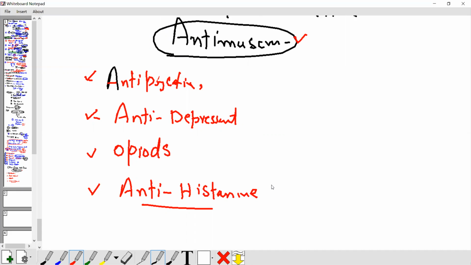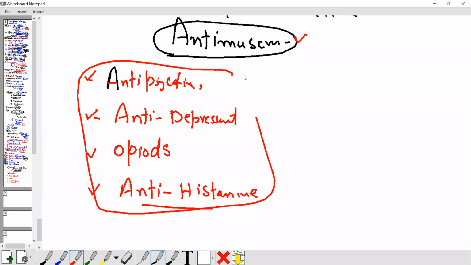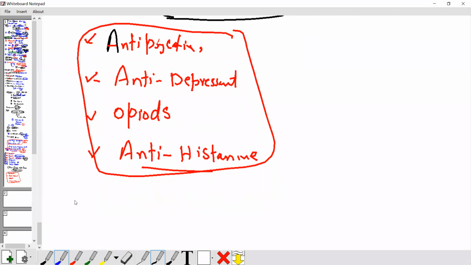Like this, if you're using an opioid for pain, an antidepressant for depression, or an antipsychotic for schizophrenia, they have the same common side effects. Why do they have these side effects? Because they have the property of antimuscarinic effect.